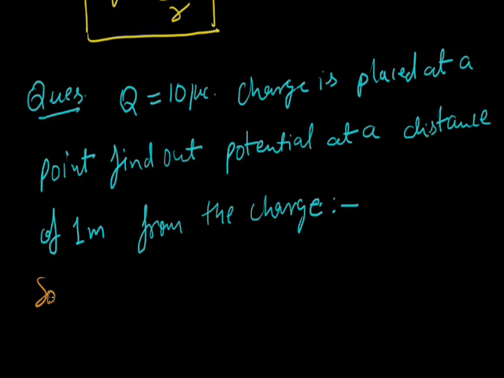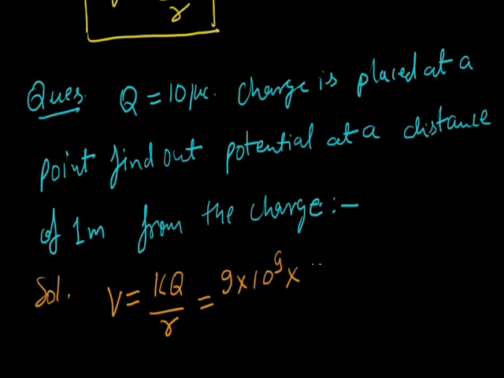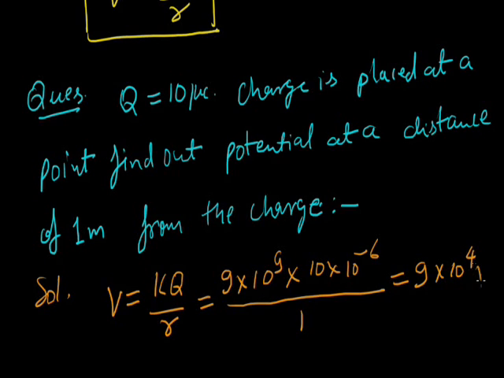The solution is to use the formula V equal to KQ upon r. The constant k is 9 into 10 to the power 9. Q is given as 10 microcoulomb, 10 into 10 to the power minus 6 coulomb. r is 1 meter. So the answer will come 9 into 10 to the power 4 volt.